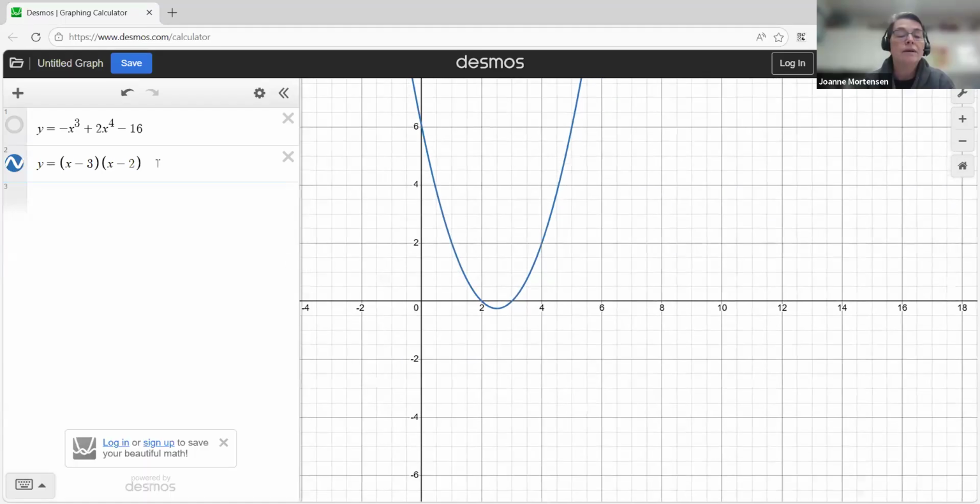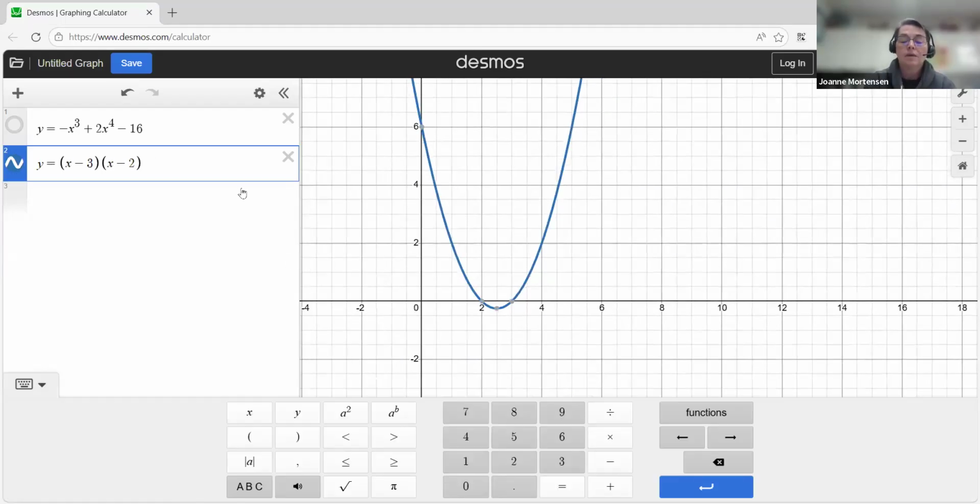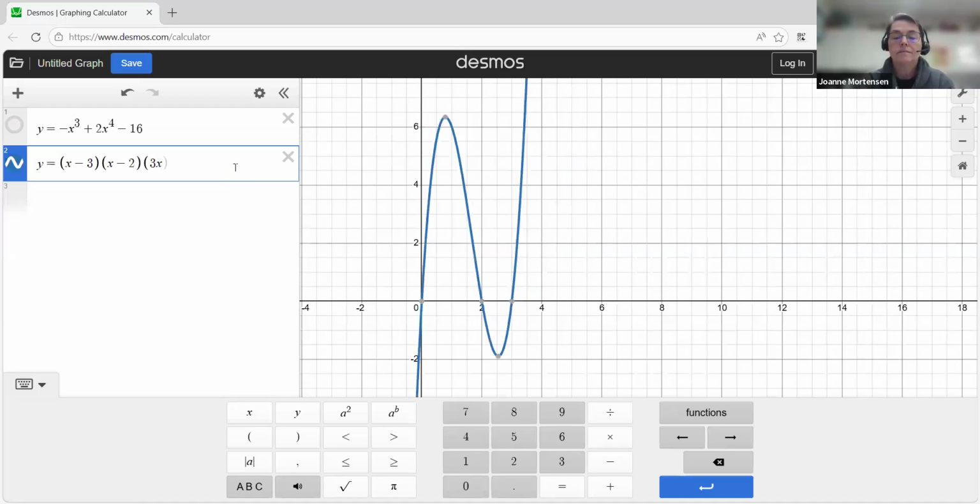So you've got a nice little parabola there. You know what? That's enough. So there's an X and an X and an X, 3 X's. X times X times X is X to the 3rd. So this one is coming out as an odd positive. See, it starts down there and goes up there.